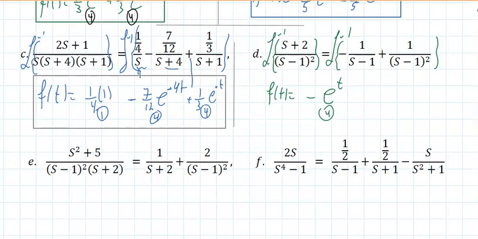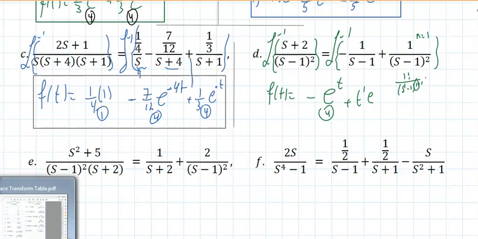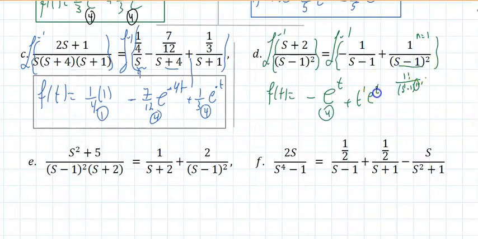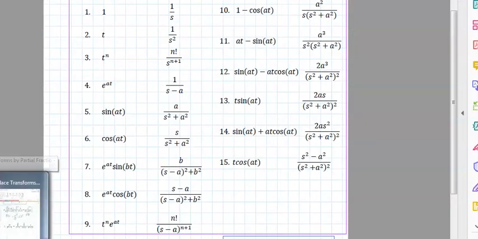If I write this as 1 factorial over s minus 1 squared, you don't have to do this part, I'm just showing you that for your notes. n equals 1. And it's matching. So it looks like it's going to be t to the 1 e to the a t. And what's a in that case? It's 1, so t e to the t. And there it is. And this is by number 9.